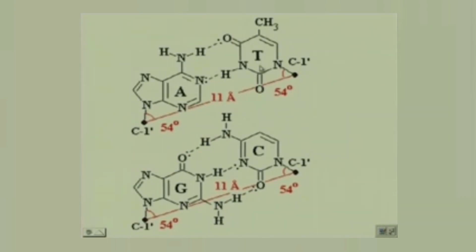The distance, which is extremely important when we consider how the DNA structure is in its double helical conformation, the distance between the C1 primes of the purine and the pyrimidine is, well, it's actually 10.85 angstroms, but you could call it 11 angstroms. This distance is constant.